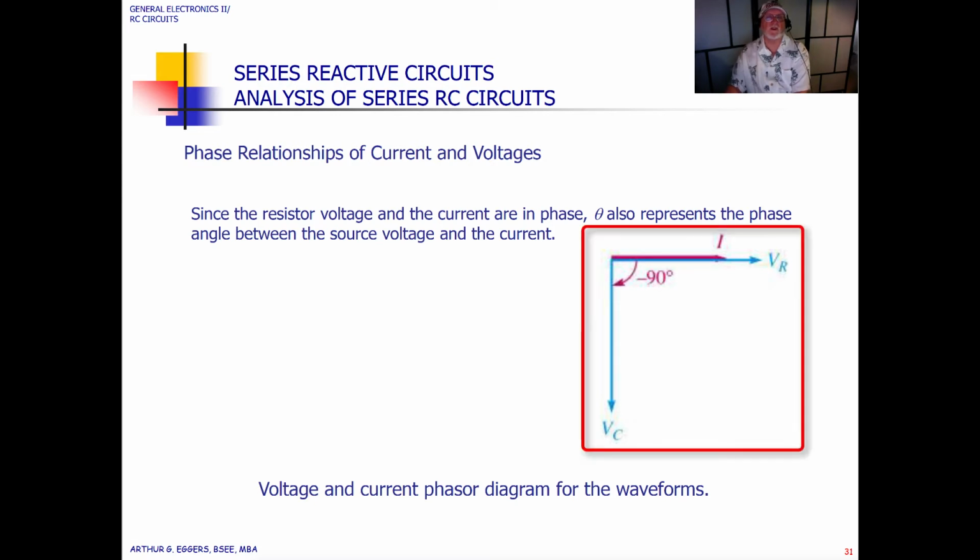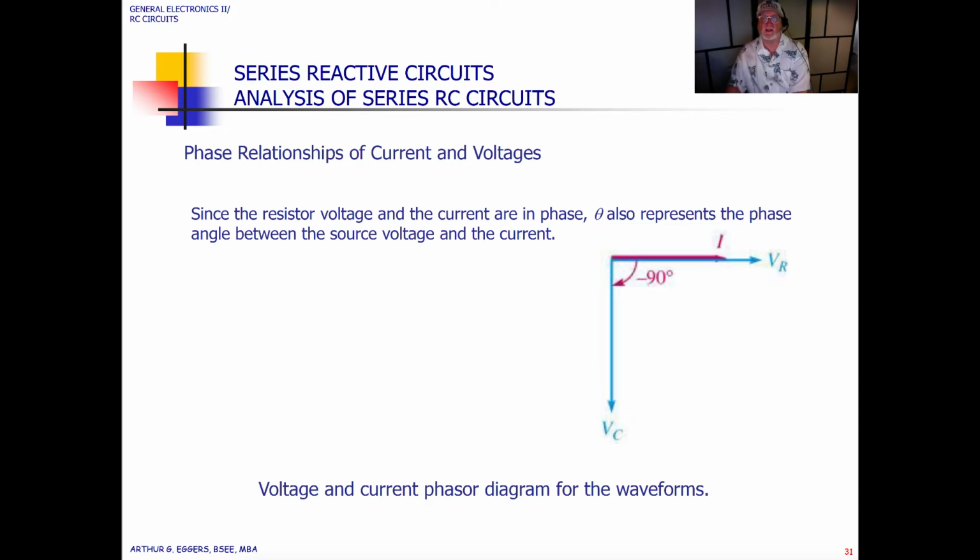Since the resistor voltage and the current are in phase, in this case theta also represents the phase angle between the source and the current. If we look at this diagram, we can see the current I is totally in phase with the voltage across the resistor, but lagging by 90 degrees across the capacitor.